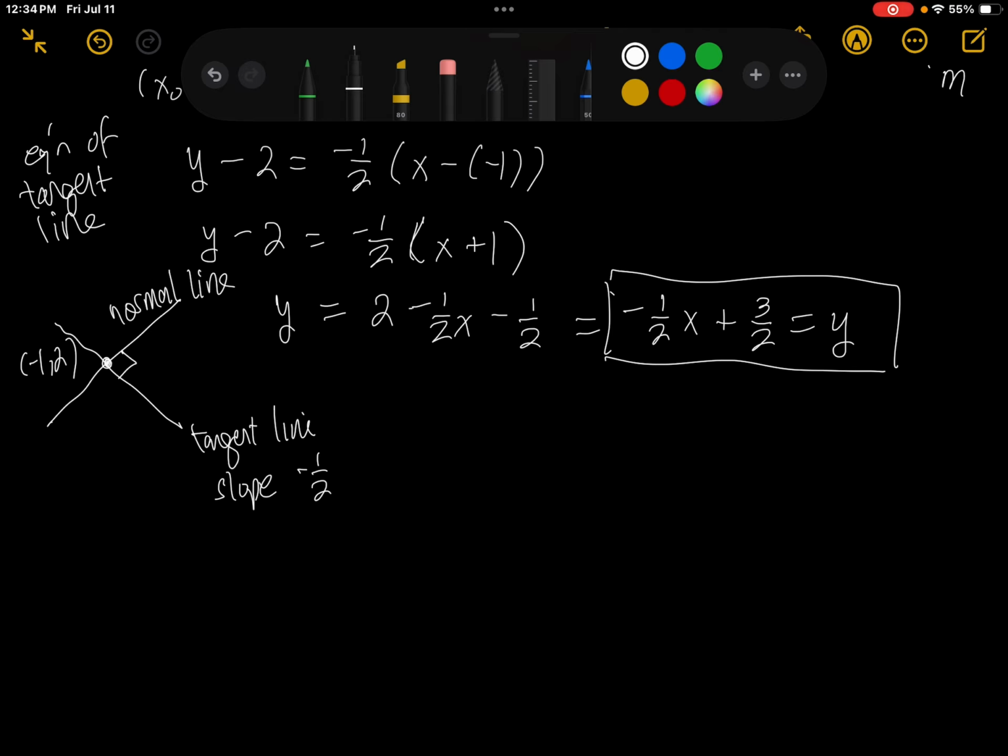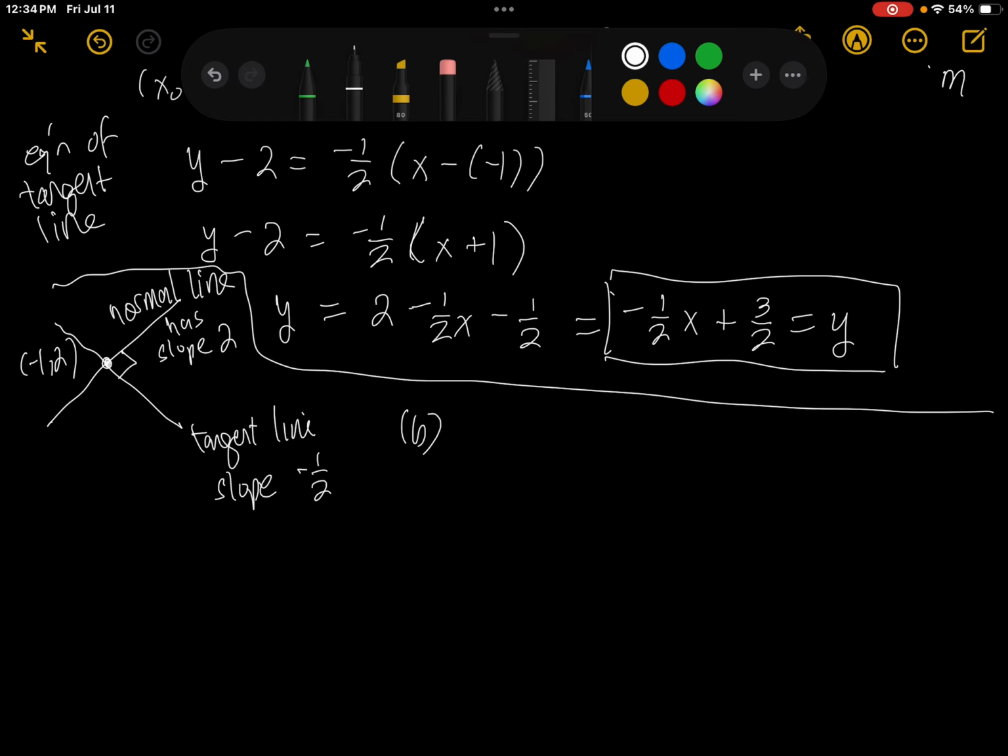If I take the reciprocal of negative 1/2 and then multiply that by negative 1, what do I get? Well, the reciprocal of negative 1/2 is negative 2. And if I multiply that by negative 1, I get positive 2. So the normal line has slope 2. And using this, can you find the equation of the normal line? Yes, because it goes through the point negative 1, 2.